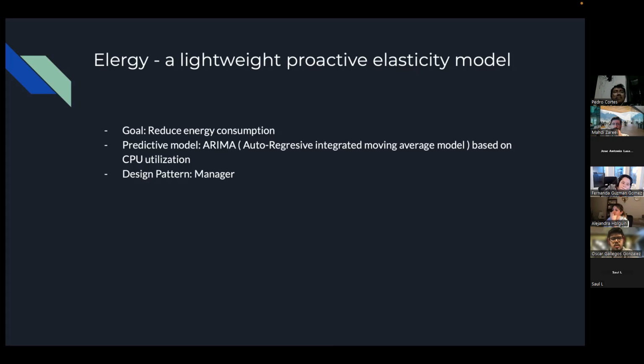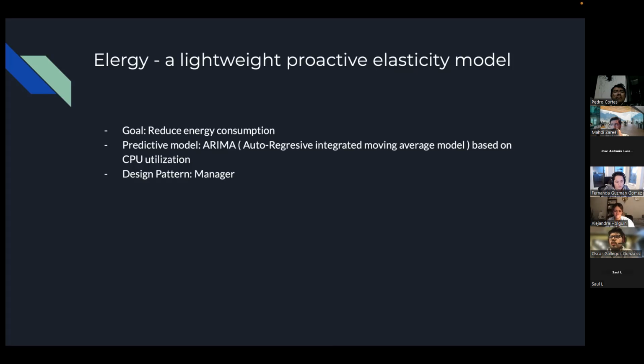The second thing is we are going to use a predictive model. In this case, it's called ARIMA, Autoregressive Integrated Moving Average Model. What we are measuring is the CPU utilization.